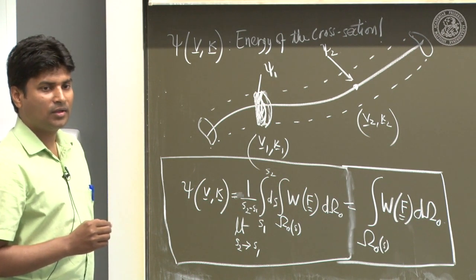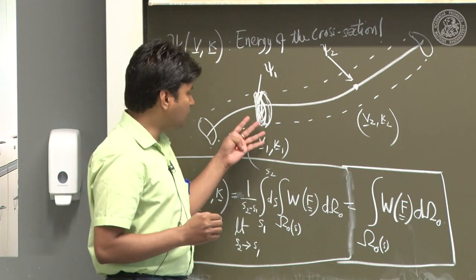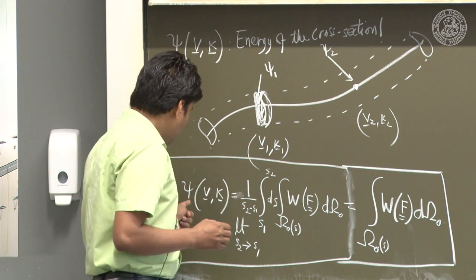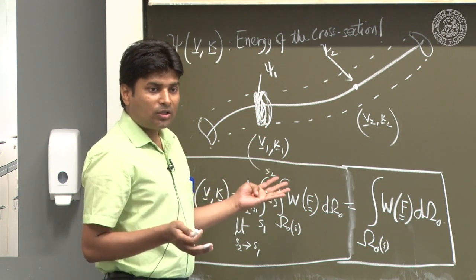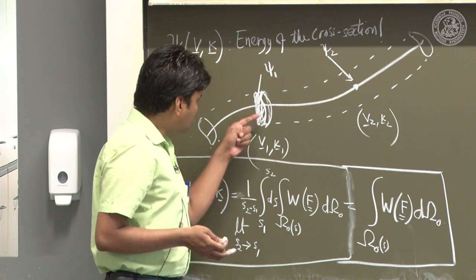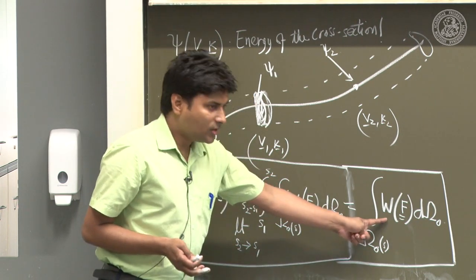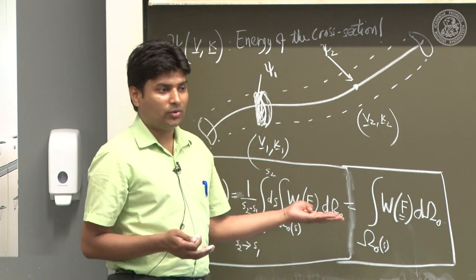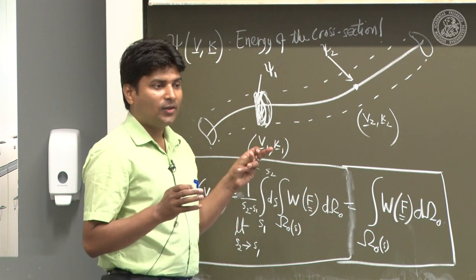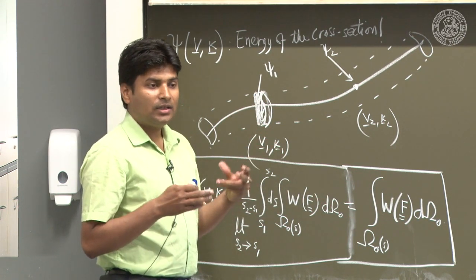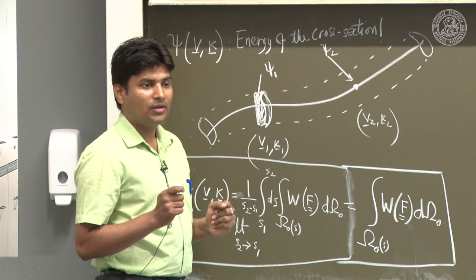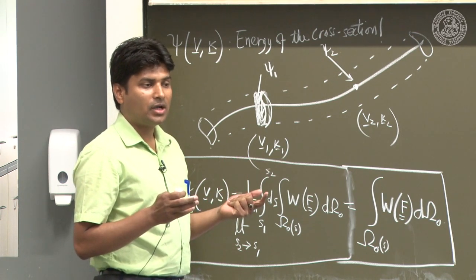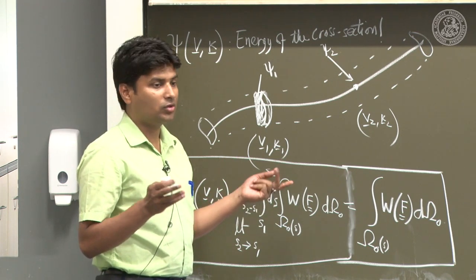So, if you are thinking of it as a 3D body, then if you want to get your psi, all that you have to do is get the deformation gradient, and you would know what is W. So, you have to assume that we know the 3D strain energy function, maybe linearly isotropic, Neo-Hookean, Mooney-Rivlin, whatever.